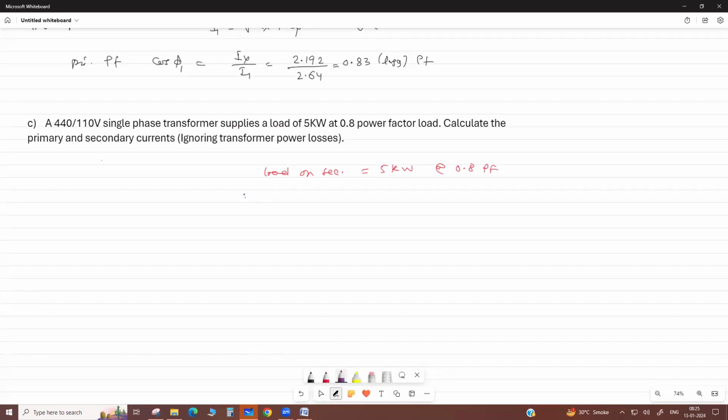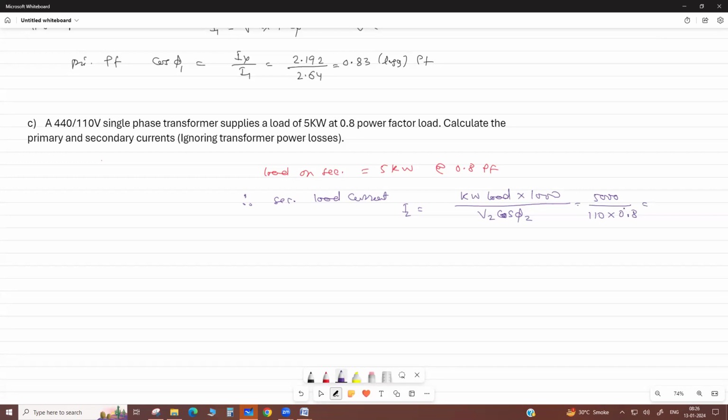Can we calculate? Therefore, the secondary load current, what will it be? I2 equals kilowatt load into 1000, and since it is single phase, divided by V2 cos phi. So 5 into 1000, 5000 divided by 110 into 0.8.